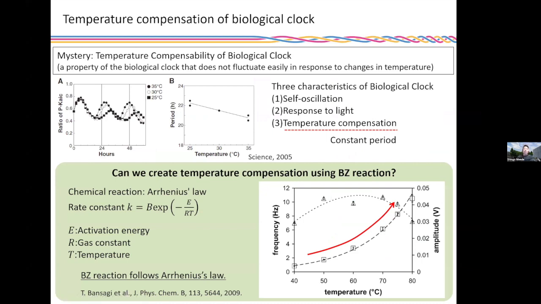Okay, so I will talk about the temperature compensation of biological clocks in nature. There is a mystery of the biological clock. They show temperature compensation, which means a property of the biological clock that does not fluctuate easily in response to changes in temperature.